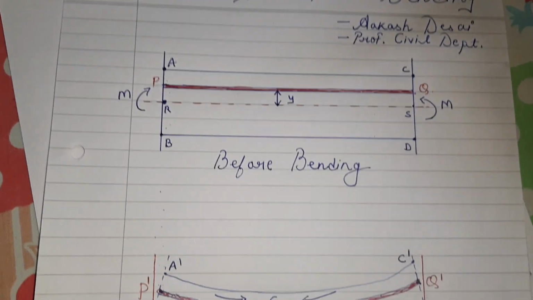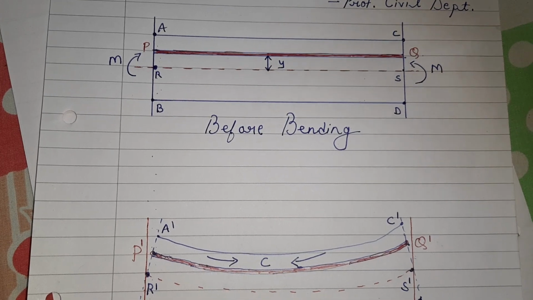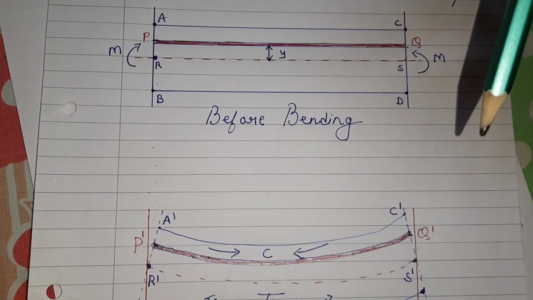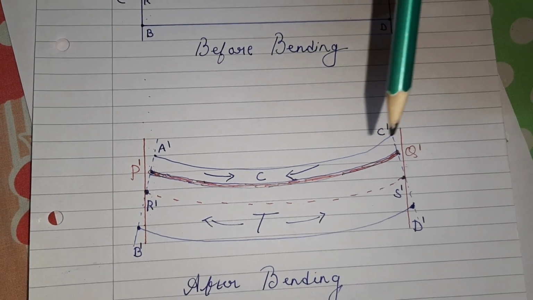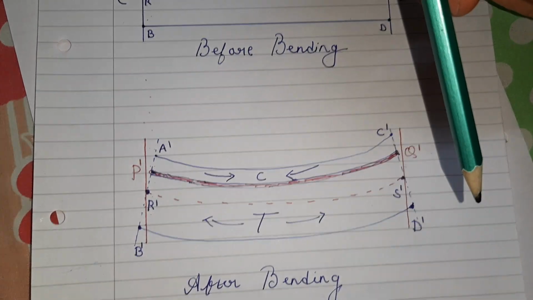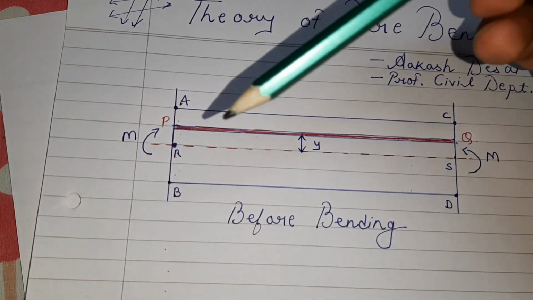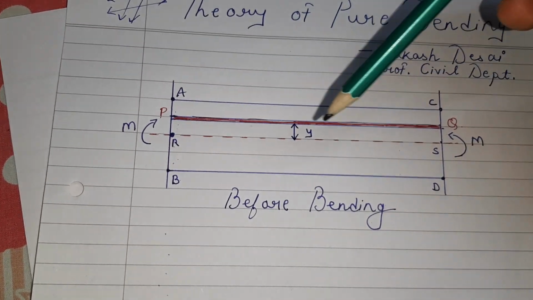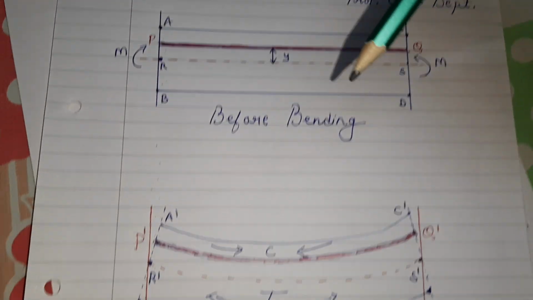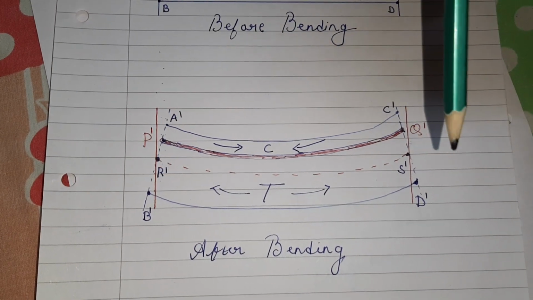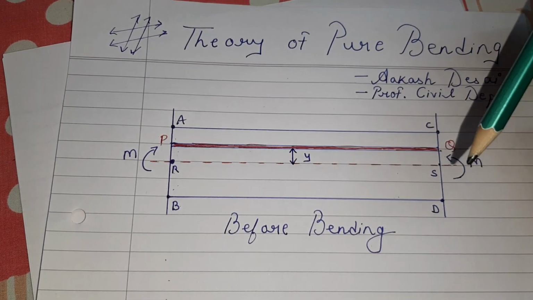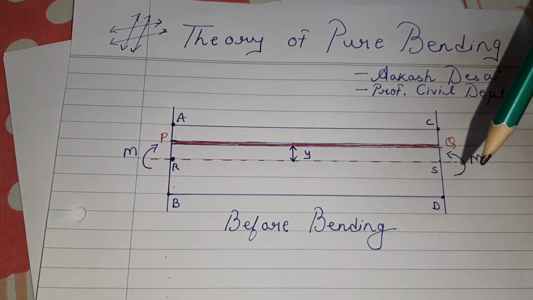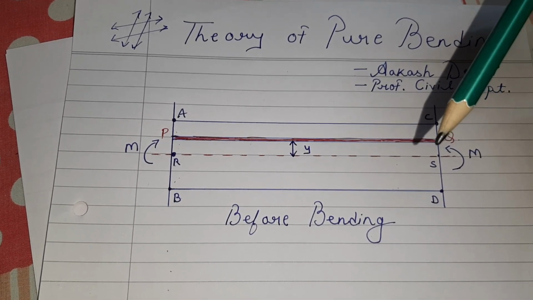So the earlier figure, which had A and C, B and D as its reference points, has now turned into A dash, C dash, B dash, D dash. If you observe, this neutral axis, that is R S, has now become R dash, S dash. That is, the neutral axis has also undergone a curve effect due to bending.